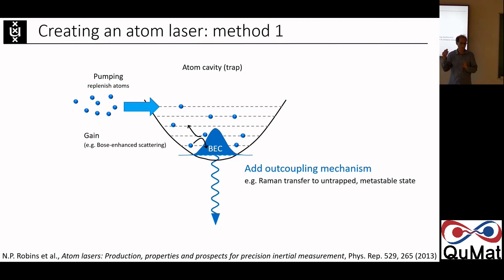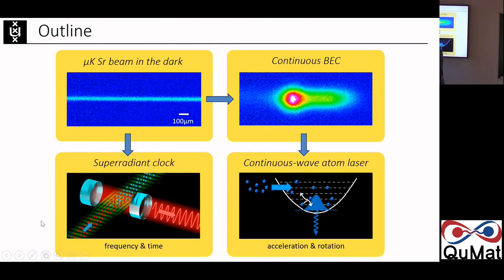For that we use a long-lived metastable state, in this case the upper clock state. We have the transfer of a BEC to that state. So you have seen we made a continuous BEC, but a crucial part of it was to get this continuous beam of microkelvin cold strontium atoms in the dark. And that beam is very useful for many other things.